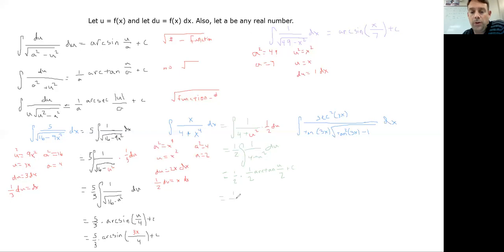And put it all together, we end up with 1/4 arctangent of whatever u is over 2 plus c. In this case, u was x squared.